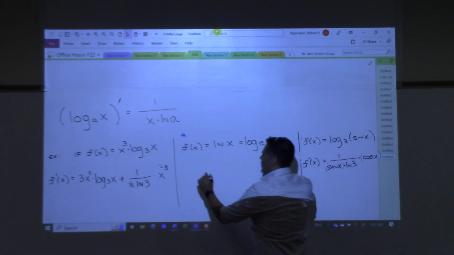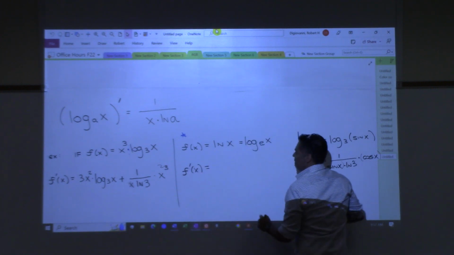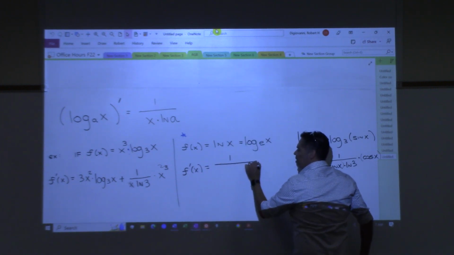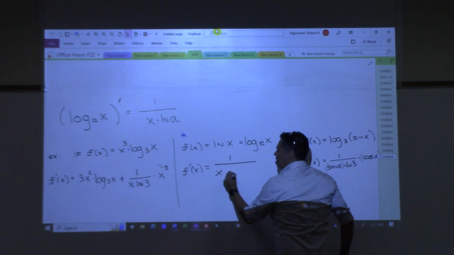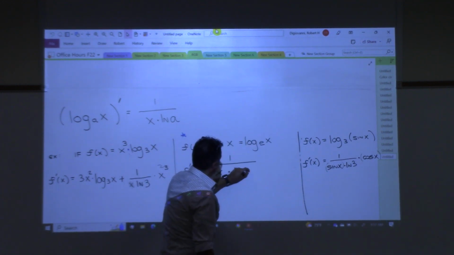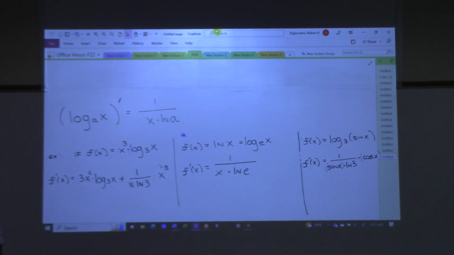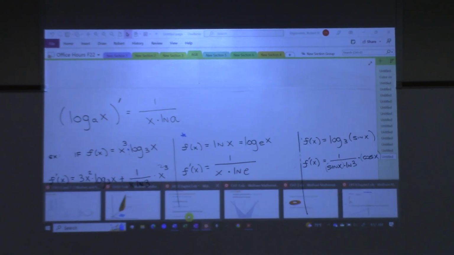So if that's really log base e, then the derivative should be, let's see, 1 over x times natural log of what? Natural log of e. But what is natural log of e? Where are my notes? Hold up.